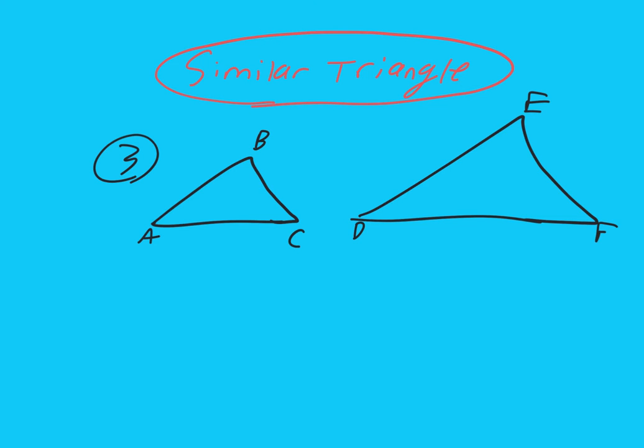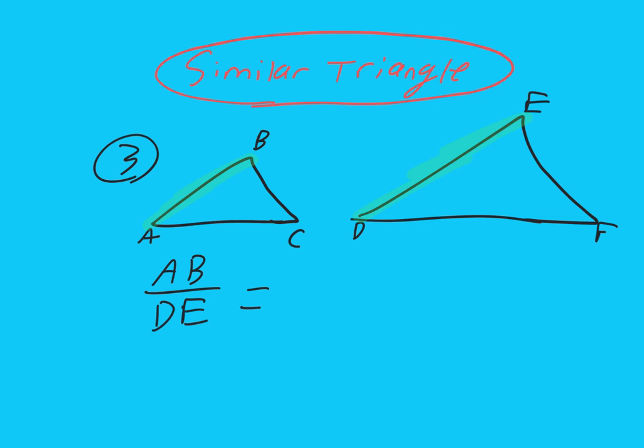The last case is when the corresponding ratios are equal. For this one, we look at one side on the first triangle, and we link it to another side in the other triangle. So let's say AB and DE.